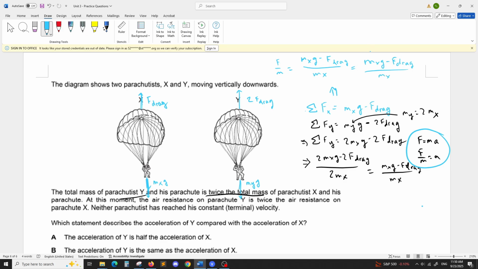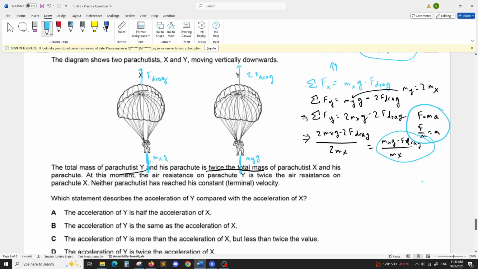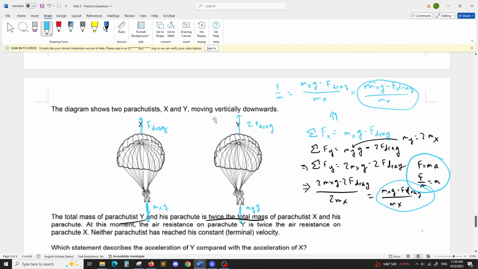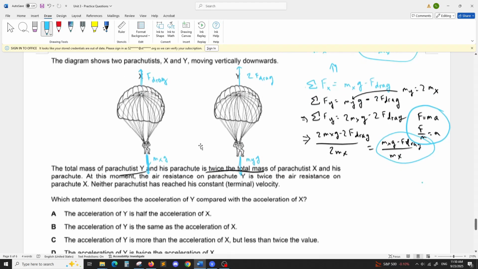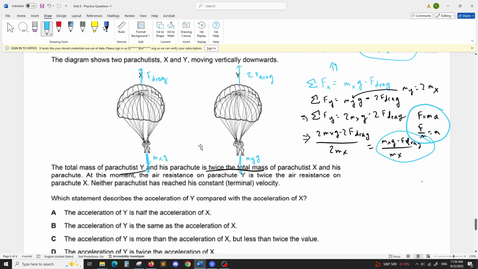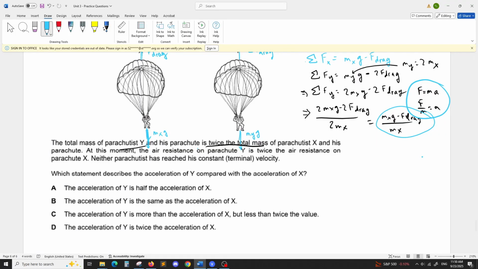And then we can see that this is equal to our calculation for Y. So both of these parachutists have the same acceleration, which is going to be B.